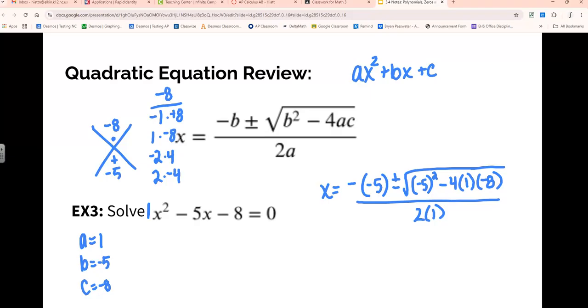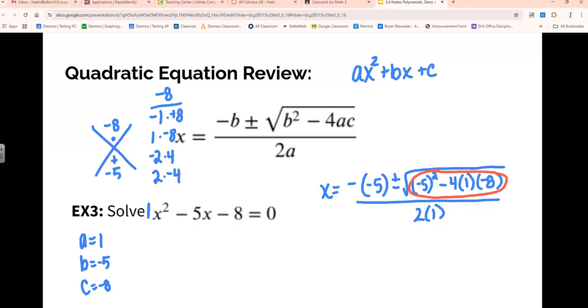Now, when you do these problems, you can type them into the calculator and it will give you the decimal answer. But on a lot of these, they don't want the decimal answer. They want the exact answer, so they want your answer to look like 5 plus or minus root 8 over 7 or something like that. So if you need an exact answer, take the stuff underneath the root and figure out what that is.